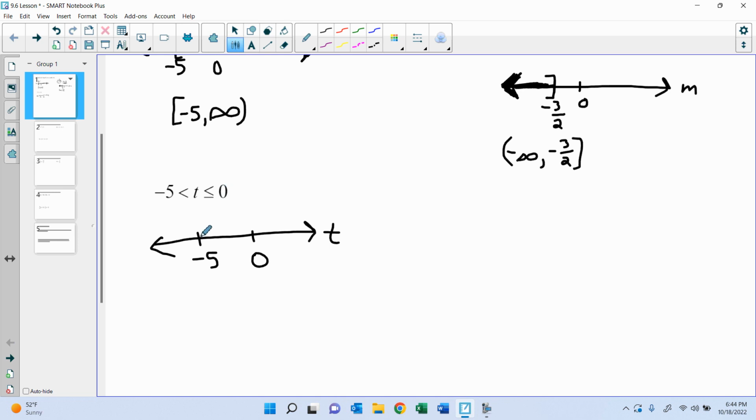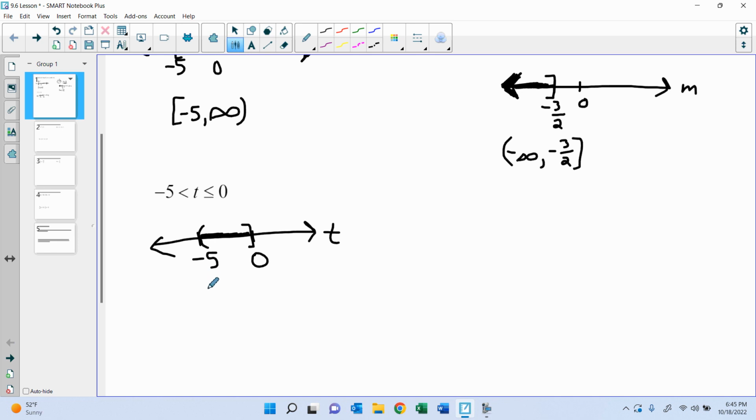And so when we do this, -5 does not, there's no equal to part here. So -5 is going to have parenthesis, and 0 is included. You have the equal part, so you're going to put a bracket, and then you're going to shade everything in between because T is literally between -5 and 0. That's what it says, and that's what we're graphing.